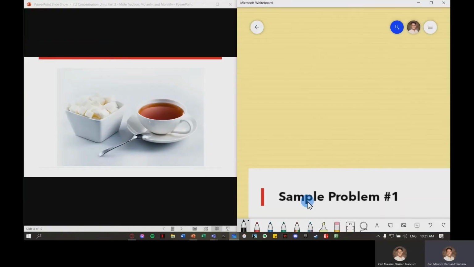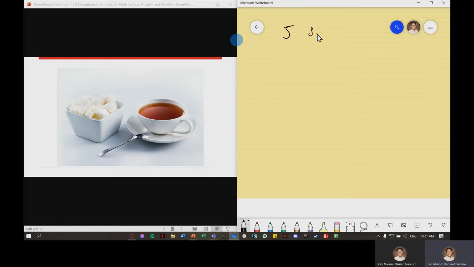Okay? Now, to make things much more realized or be understood, let me give an example via this particular illustration. Say for example, we have here a cup. Or one afternoon, maybe you decided to make a cup of tea. Okay, so it's an afternoon tea time. Now, this particular cup contains water. Now, say for example, let's say a cup of water can dissolve 5 sugar cubes.